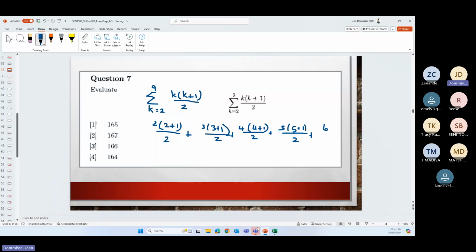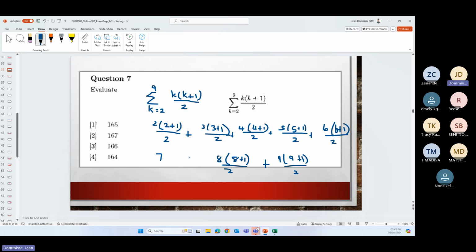Then 6. Then we need to add 7. I'm going to fill in now 8 and 9. So I'm just quickly working backwards so that we just capture all of them.